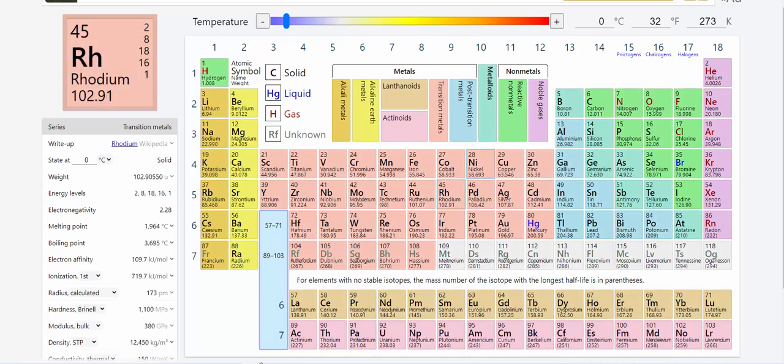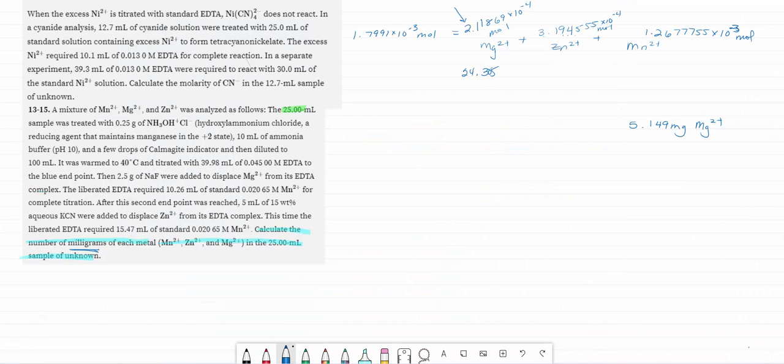Zinc on the periodic table, zinc is a transition metal. 65.38 is the atomic mass. So I take my 3.194555 times 10 to the negative 4, and that is moles of zinc. Multiply that by 65.38 grams of zinc per mole.